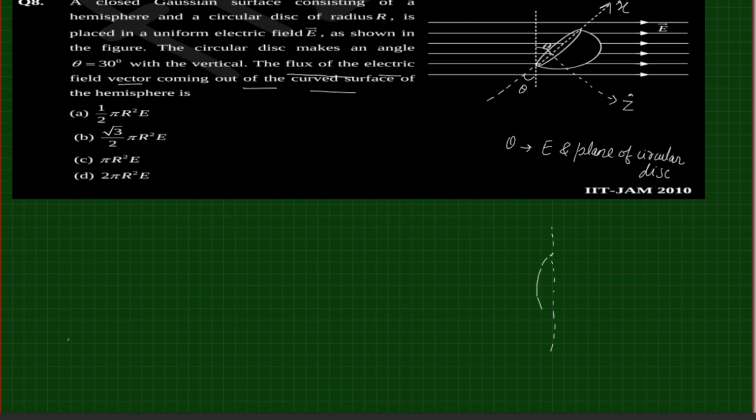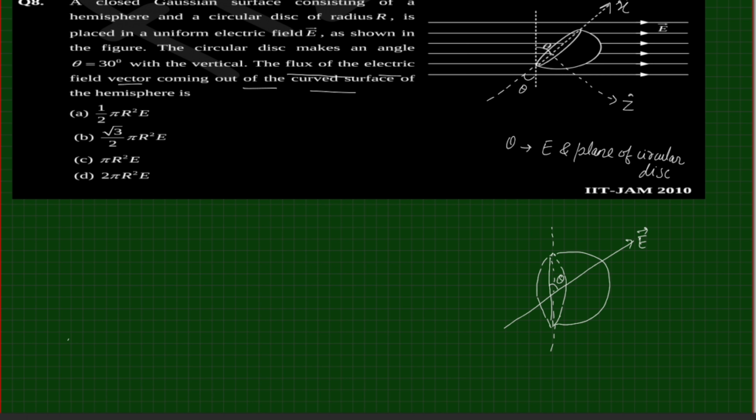This is the circular disc and this is the hemisphere. Radius is given, and electric field lines are passing in this direction making angle theta.